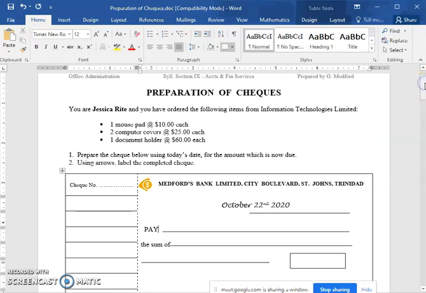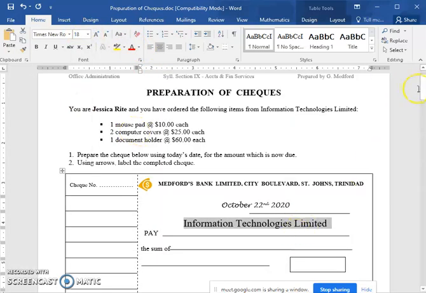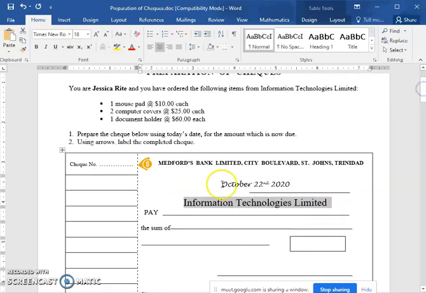Let me refresh your memory. Very good, Aisha. So we're paying Information Technologies Limited. And this brings up a good point that we need to put the name of the company or the name of the person we are paying exactly as it is shown on their ID card or the business name, right? How much are we paying them, Jordan?